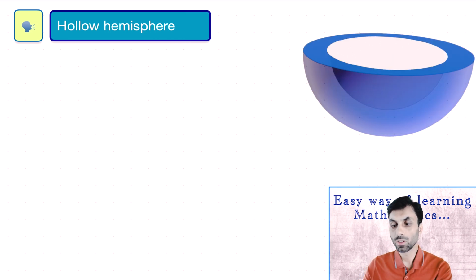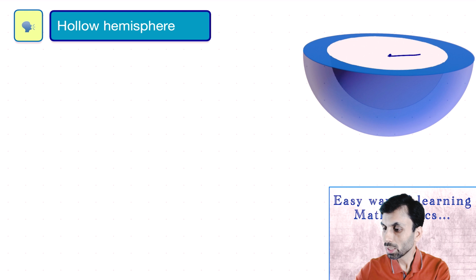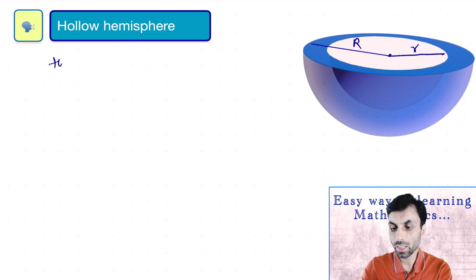Next we'll talk about hollow hemisphere. In this case, if you take the inner radius as small r and the outer radius as capital R, then thickness will be equal to capital R minus small r.